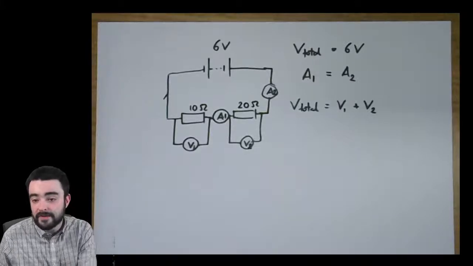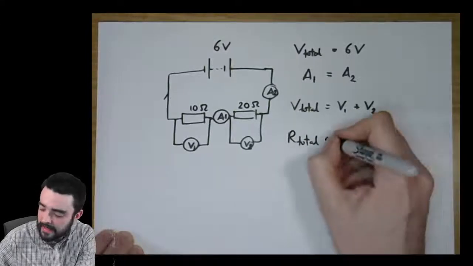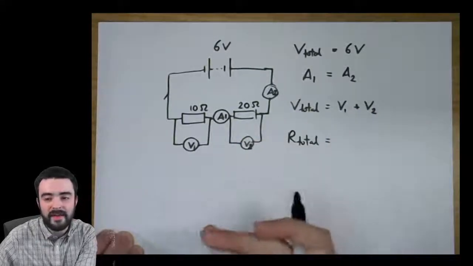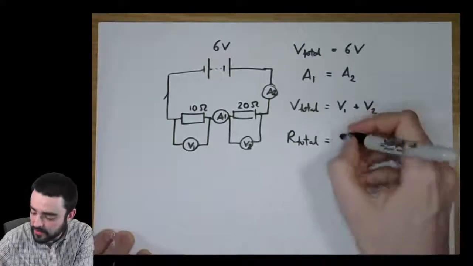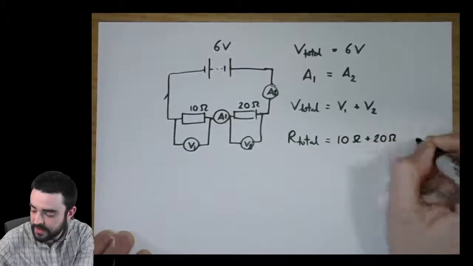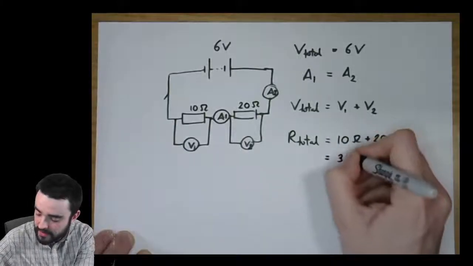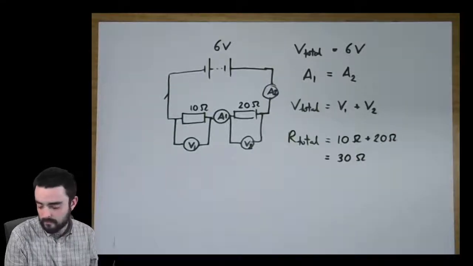So for a series circuit, the total resistance, or R total, is equal to the sum, or the adding up, of all the resistors in that circuit. So R total is going to be equal to 10 ohms plus 20 ohms. So in this circuit, R total is going to be equal to 30 ohms. Okay.